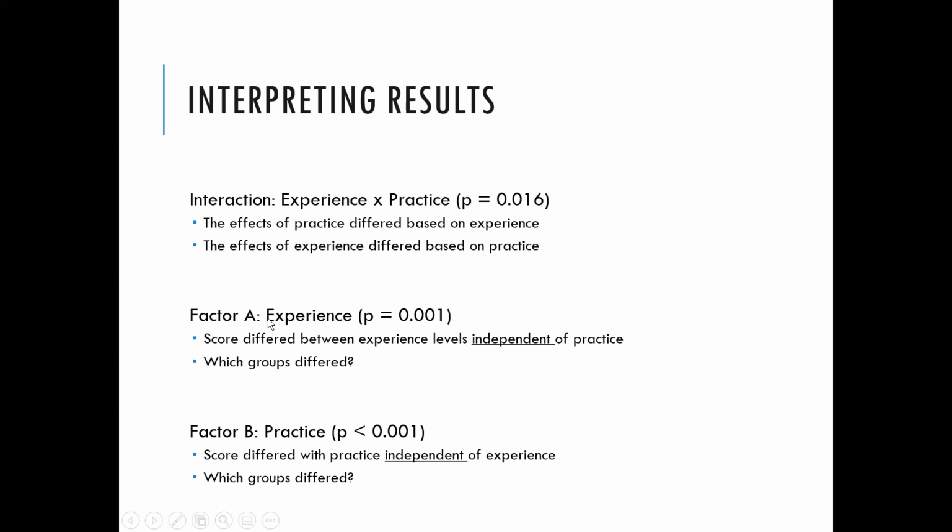For factor A, we saw that the p-value is 0.001, so the score differed between experience levels independent of practice. For factor B, we saw that the p-value was less than 0.001, so we can conclude that the score differed with practice independent of experience.